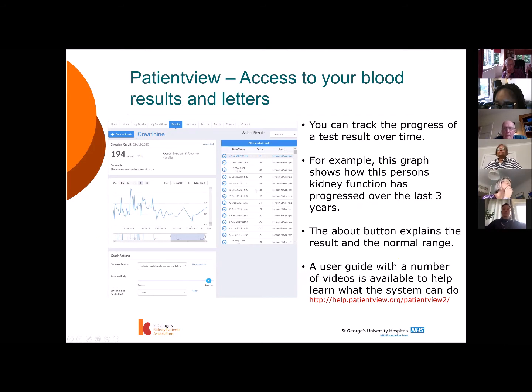Each of these on the right-hand side is historical data, and you can scroll down. In my case there are about 12 years' worth of results on the system, or basically as many years as the renal unit has for you.